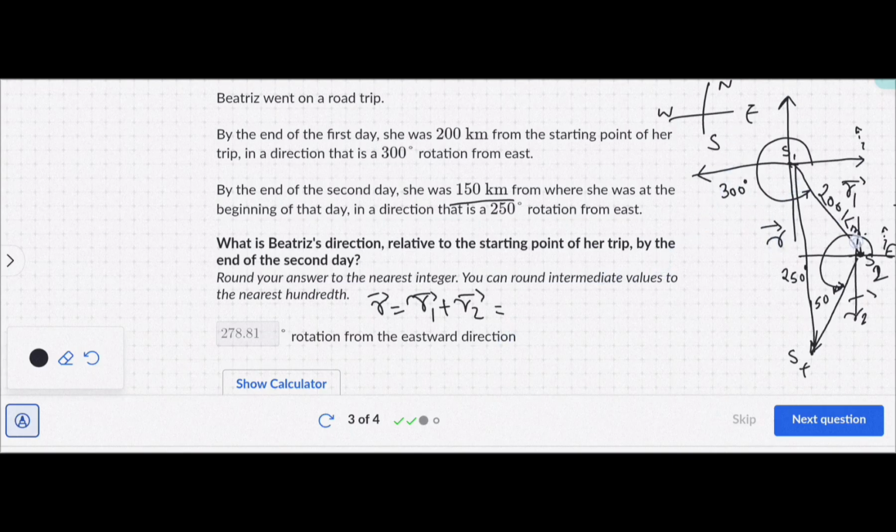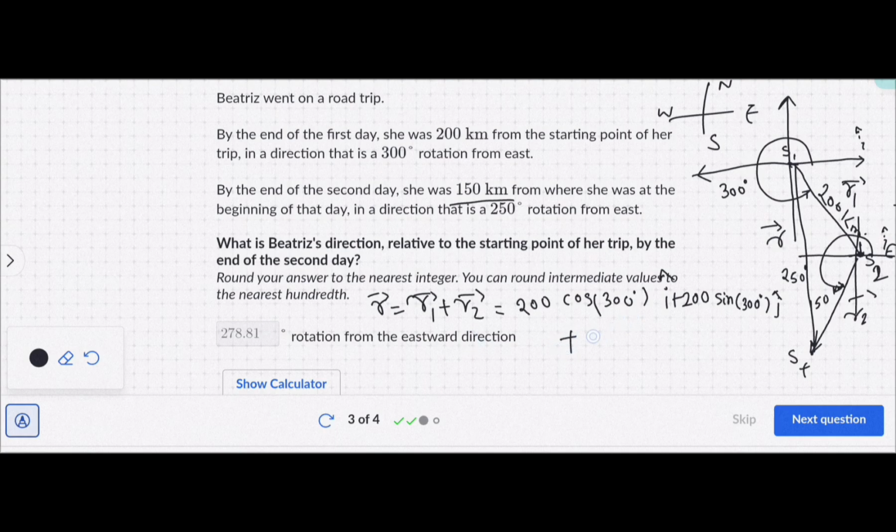Now you know what R1 is. R1 is 200 cos 300 degree I cap plus 200 sin 300 degree J cap.